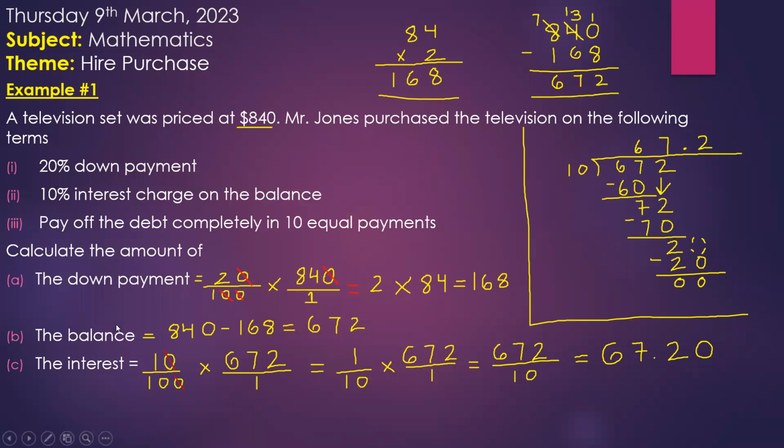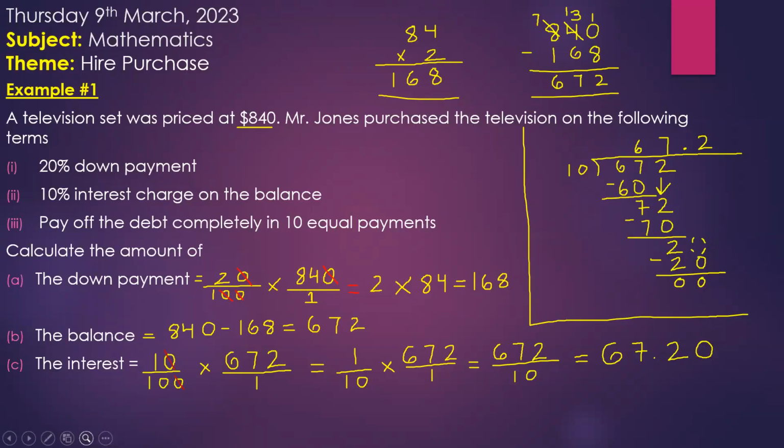Yes, sir. Okay, so for this one, we want to figure out what is each of the 10 monthly payments. We know that he has to pay the debt off completely in 10 equal payments. So first we have to figure out what is the debt.